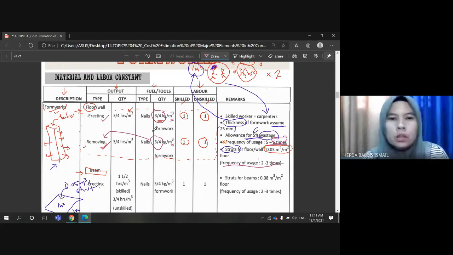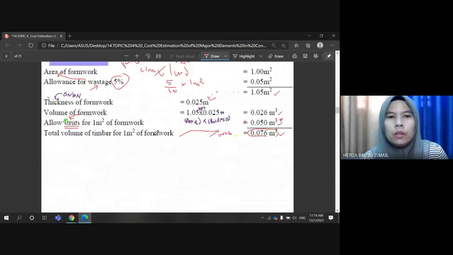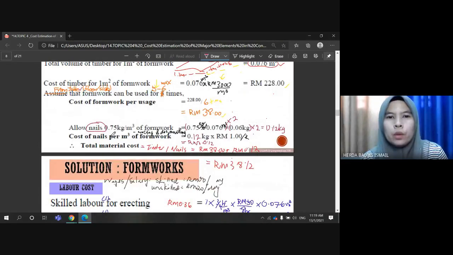So in order to calculate the cost of nail, you need to multiply by 2. Either multiply by 2 straight away, or if you want to do it separately, you can write separately.